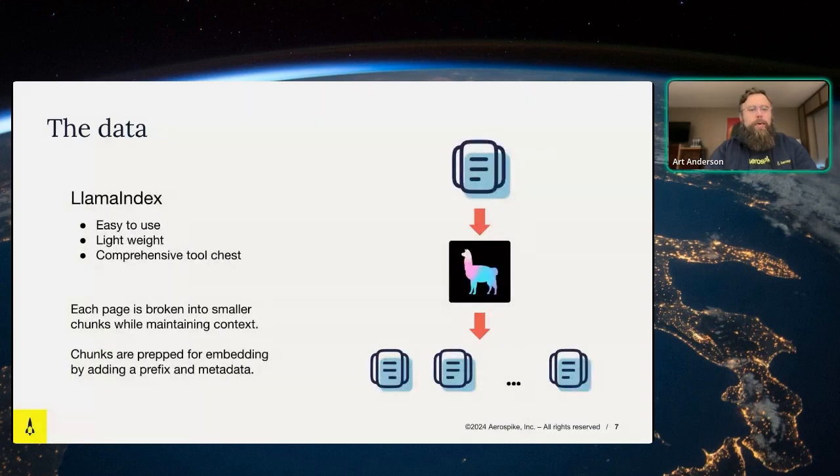So for vectors, like I said, we use Llama Index. This is super easy to use. It's lightweight, and it's a very comprehensive tool chest of different ways to interact with unstructured data. When we're working with larger documents, we want to break them down into smaller chunks.